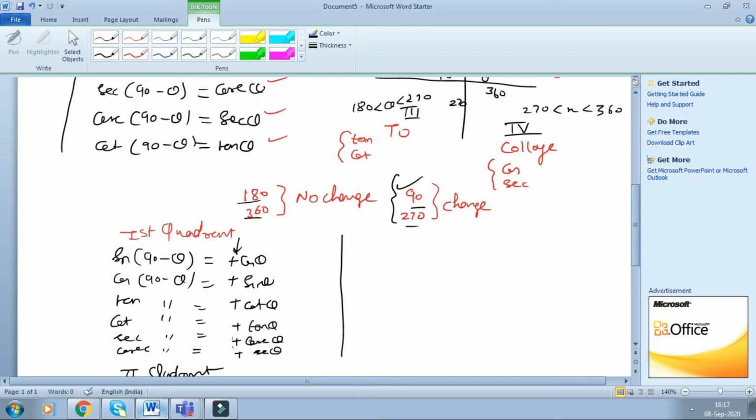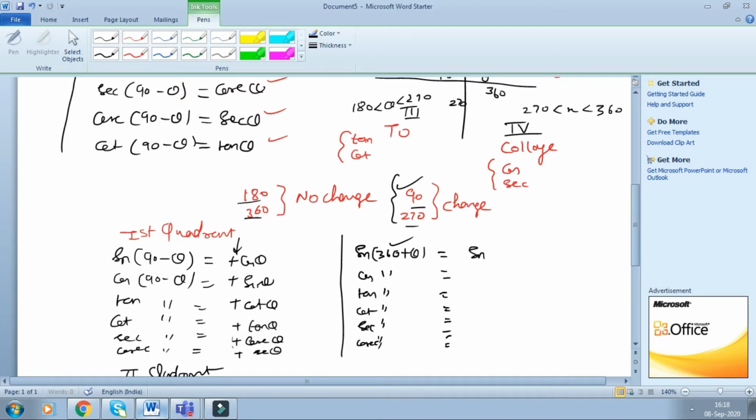So if I write here sine 360 plus theta, and similarly the formulas for all the others: sine, cos, tan, cot, sec, cosec. Mind it, in 360 there is no change.